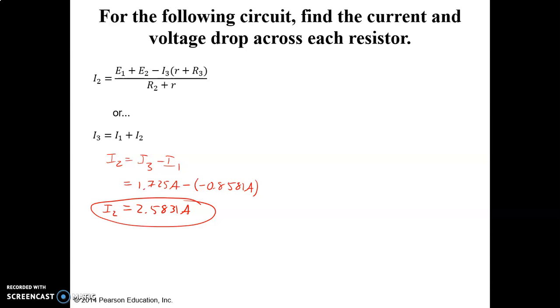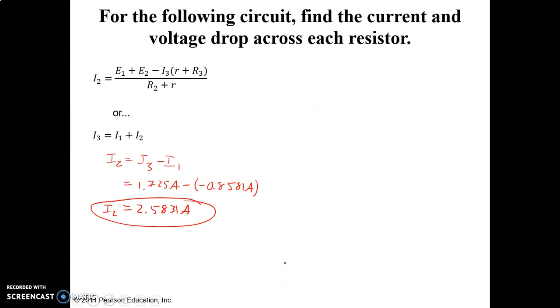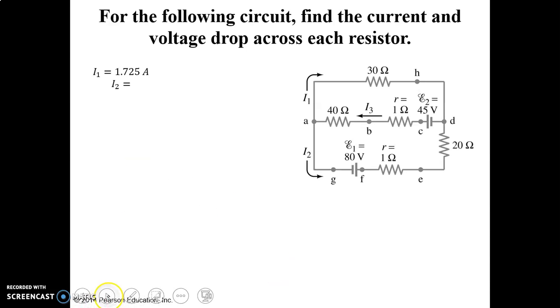Okay, so now that we've solved for all the currents, let me finish writing these up in here. So I2 we just found was 2.5831.